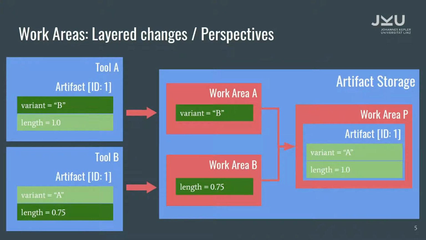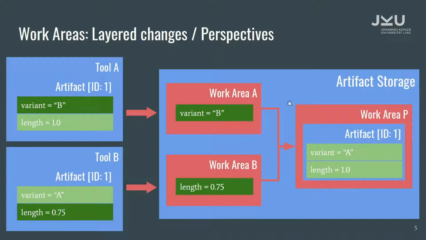So within the artifact storage, as I said, there is a hierarchy of layered changes, basically a tree, a hierarchy of work areas. You have a parent work area that contains an artifact and its properties, here variant and length. And then you have child work areas here, work area A and work area B, that only contain changes on this artifact.